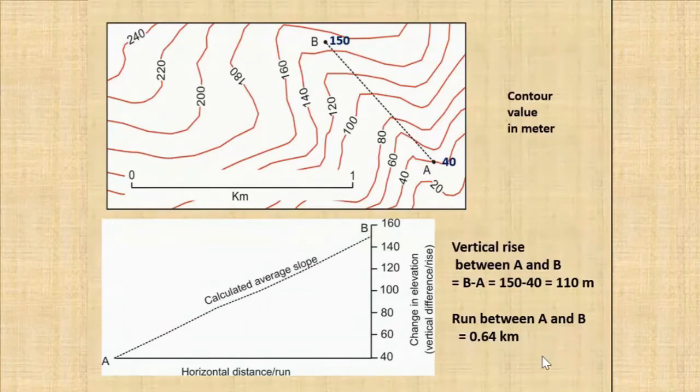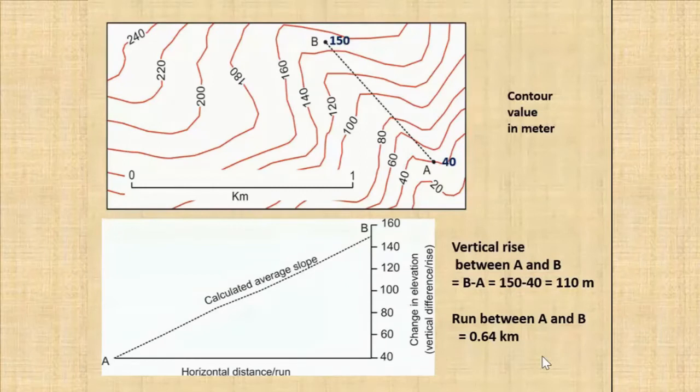The vertical difference or rise between point A and B is equal to B minus A, because at B the contour value is 150 meters, and at point A, the contour value is 40 meters. So after subtracting 150 minus 40, you will get 110 meters. So 110 meters is our vertical rise.